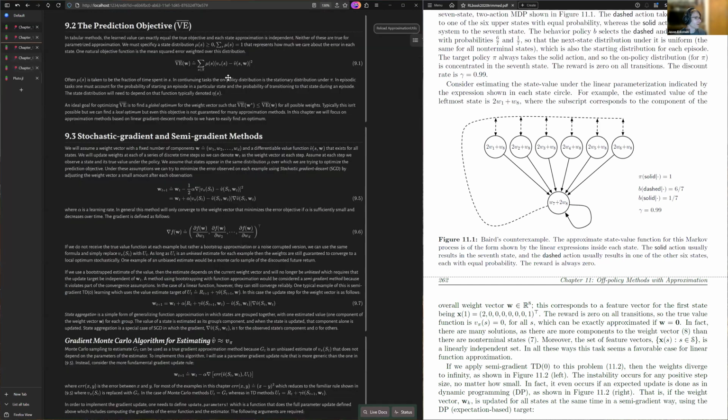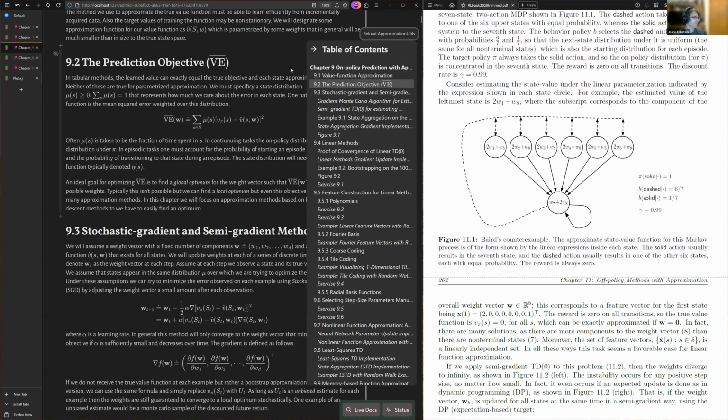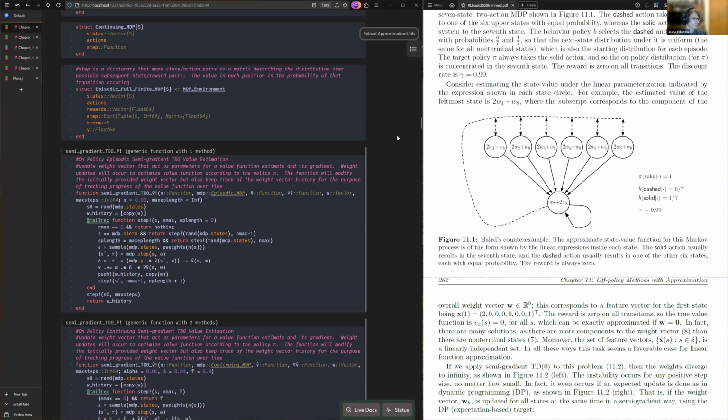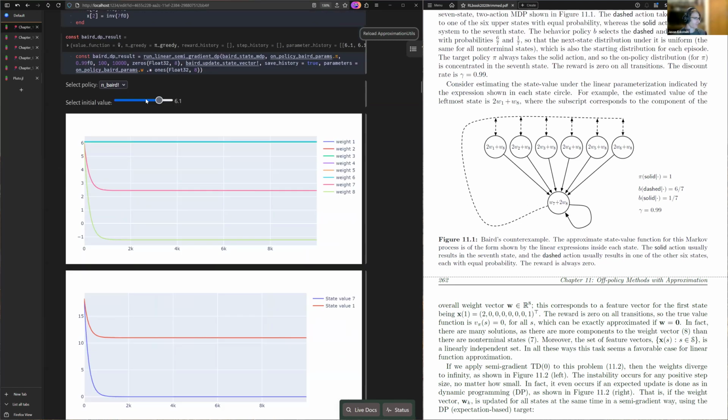And if you look back at the prediction objective, if there are states where the probability of being in the state is 0, their values don't matter at all for the approximation. So the reason this value is not converging is that it doesn't matter at all regarding this policy. But this isn't a case of divergence. It's just that the value is not being updated because we never end up leaving this state.